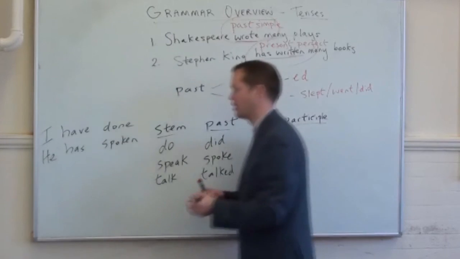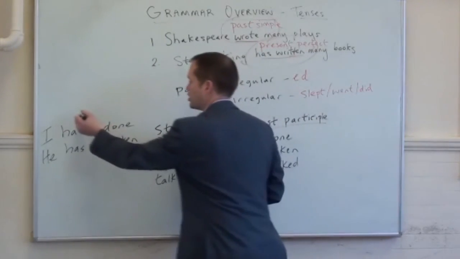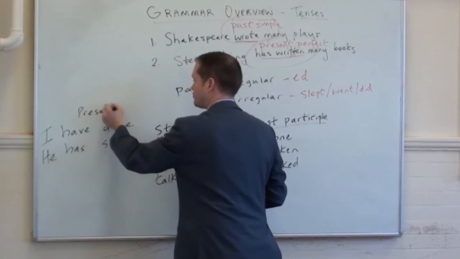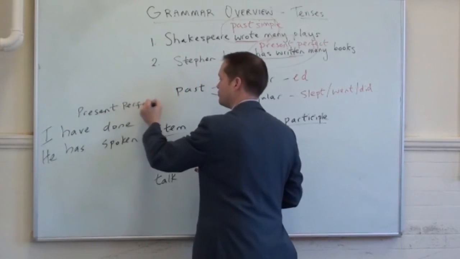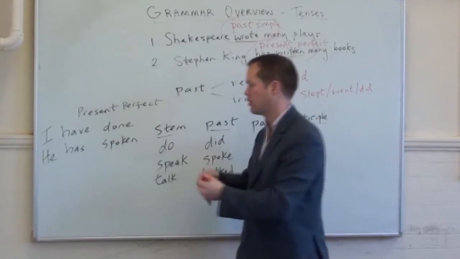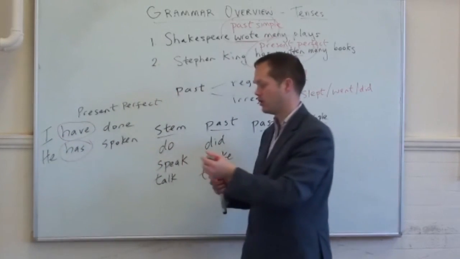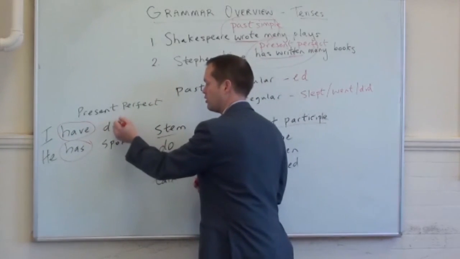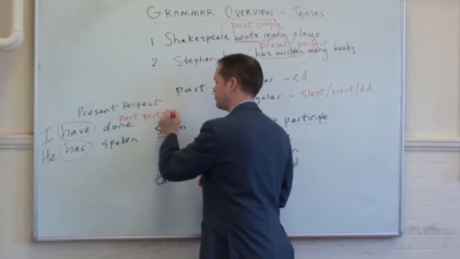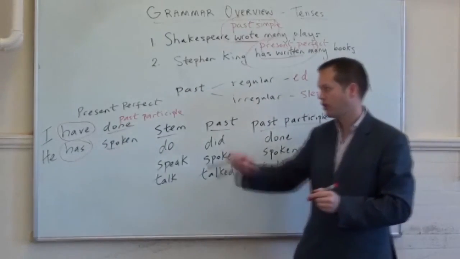He has. So when we're using the present perfect, we need to use have, has, plus past participle.